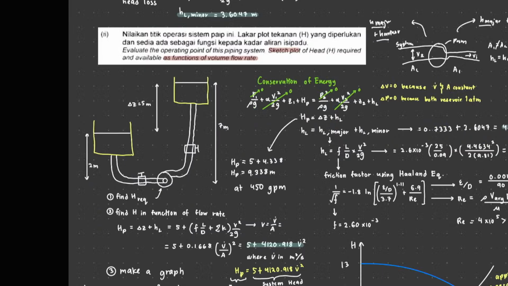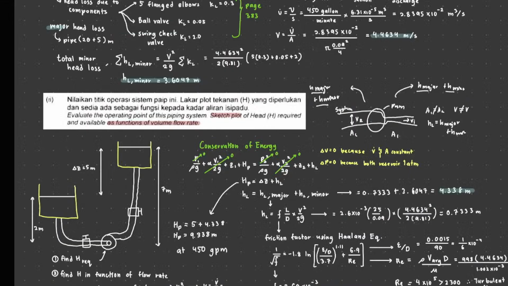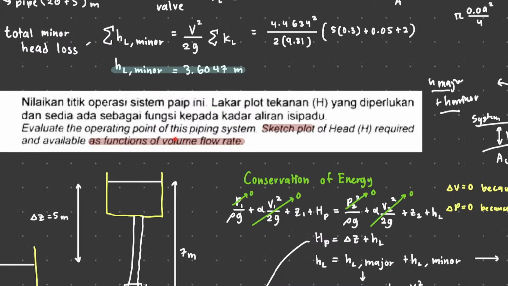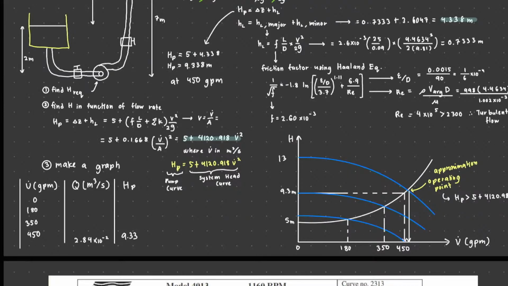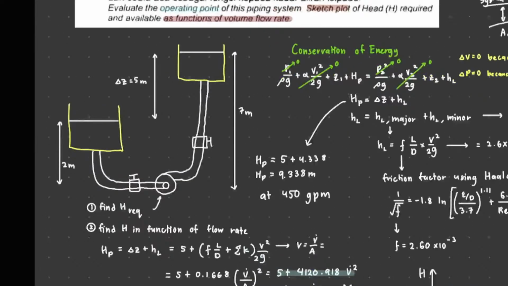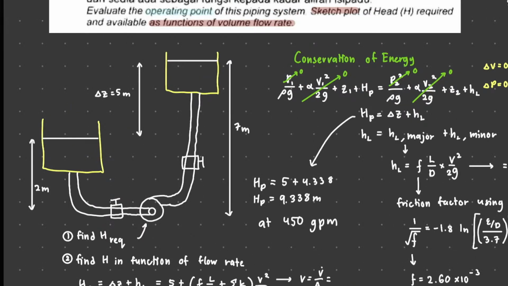Okay, so now comes the big one. Evaluate the operating point. The keyword here is operating point of this piping system. Sketch plot of head required and available as function of volume flow rate. So you guys don't know what to do first.